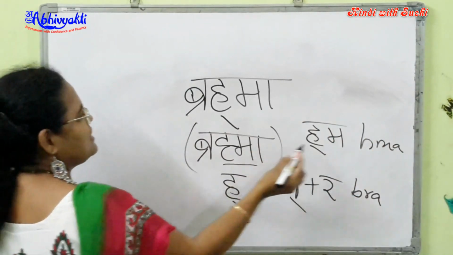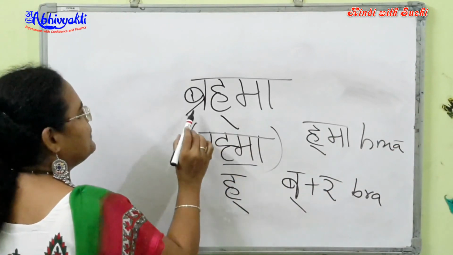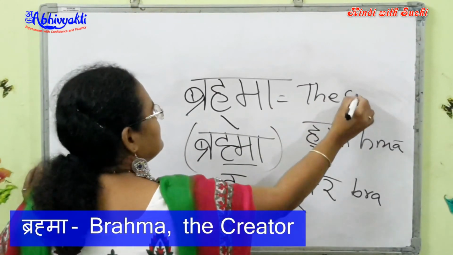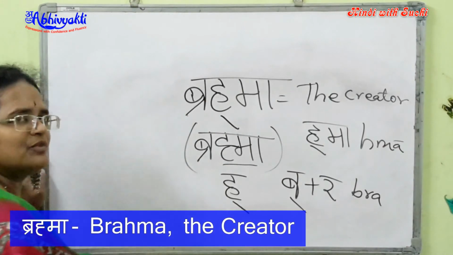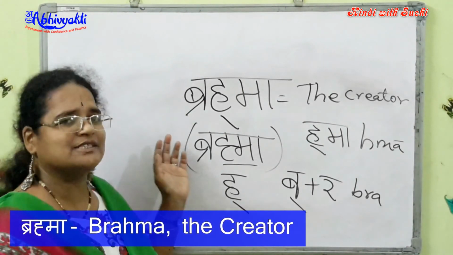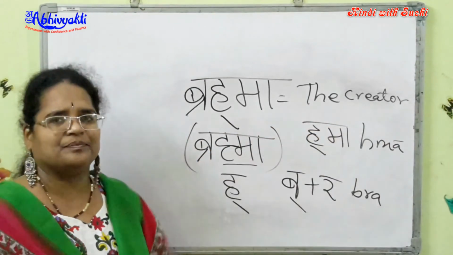With aki matra. So Brahma. Brahma is the creator. In Hinduism, we have Trinity of God, three personalities of God. One is the creator, one is the preserver, and one is the destroyer. So Brahma is the creator.